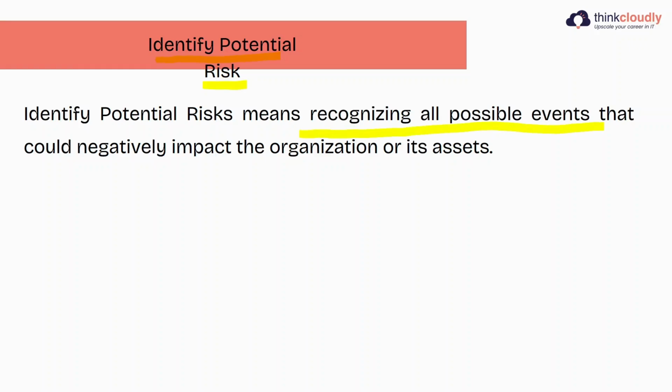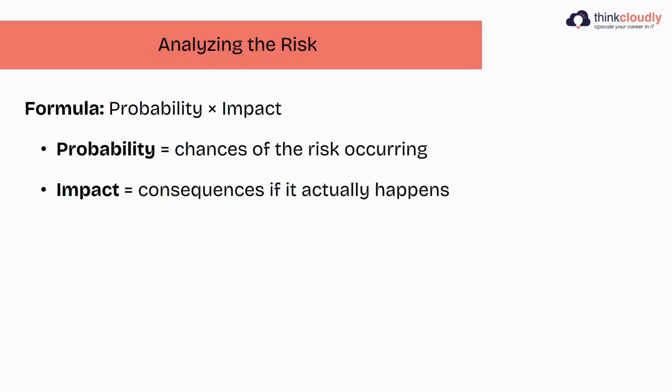Second is analyzing the risk. Analyzing the risk basically works on the formula probability multiplied by impact. Probability means what is the chance of that risk actually happening? Because when we say risk happening, it is something which is not existing.